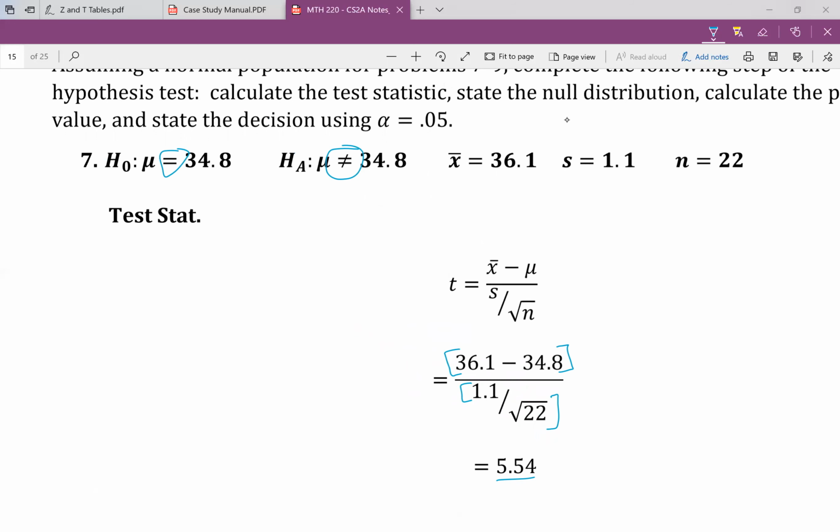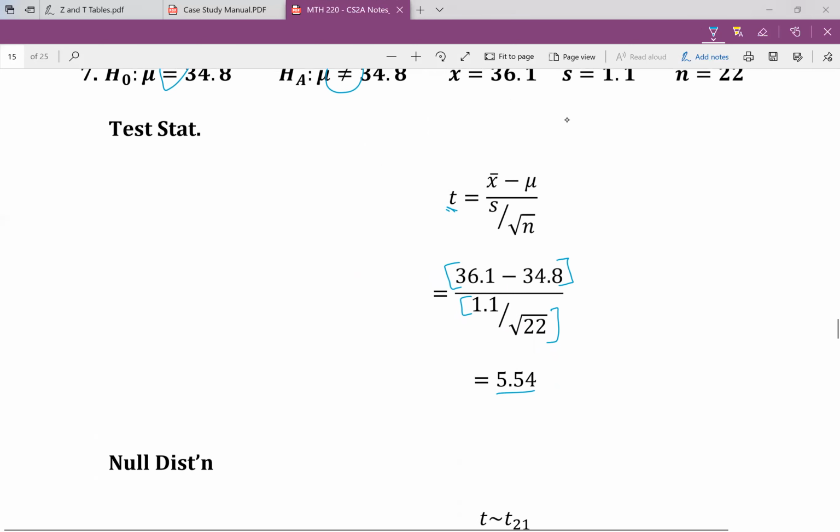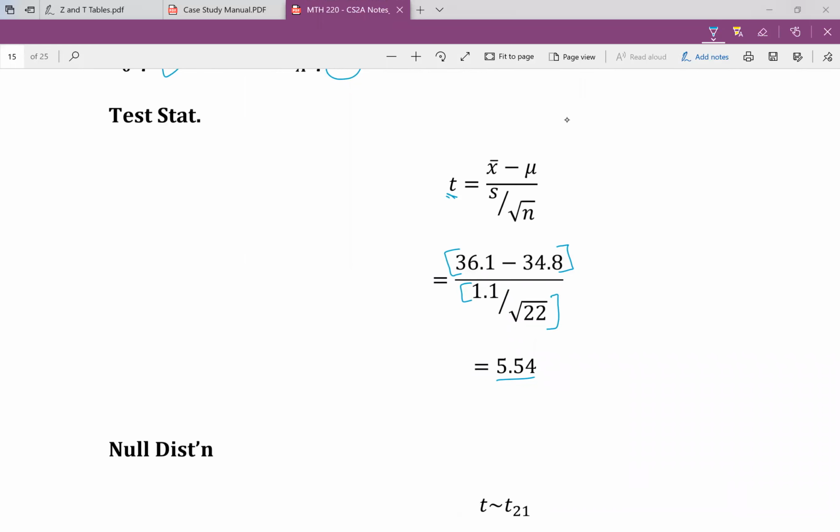We did our test statistic, check. Now state the null distribution. Since this is a t-test statistic, the null distribution is going to be Student's T, where we're concerned with degrees of freedom, and remember that calculation is N minus 1. So how we write our distribution is just like that.